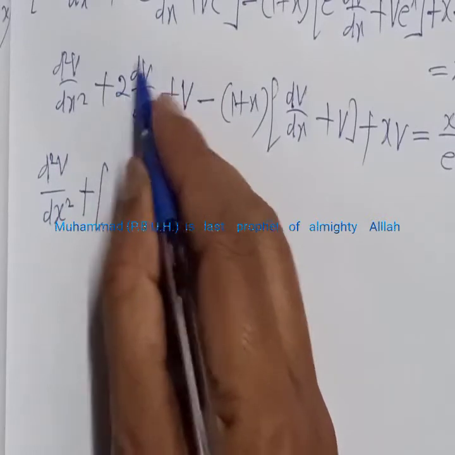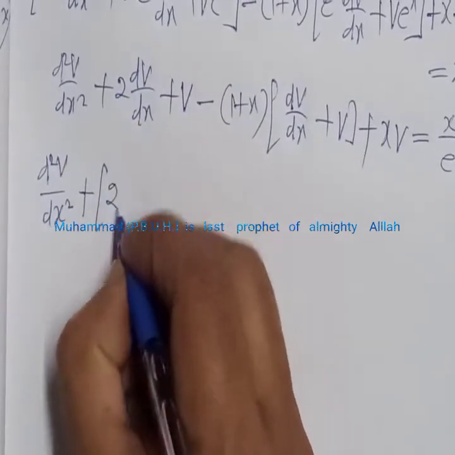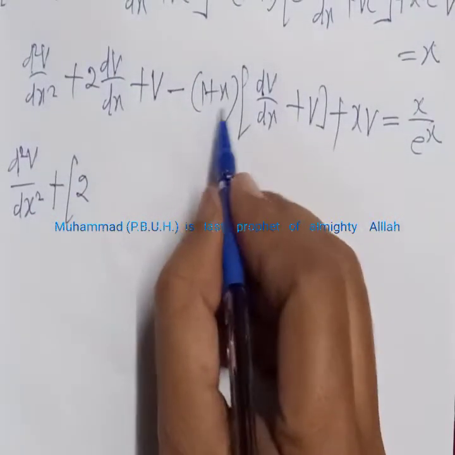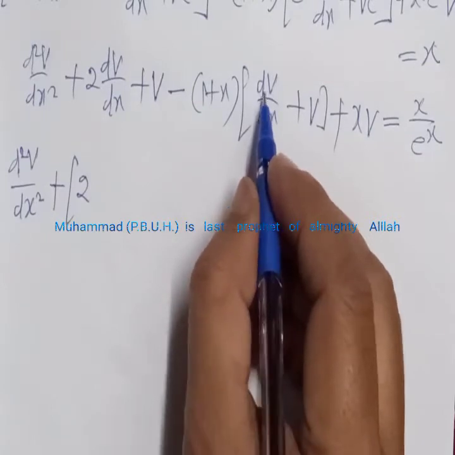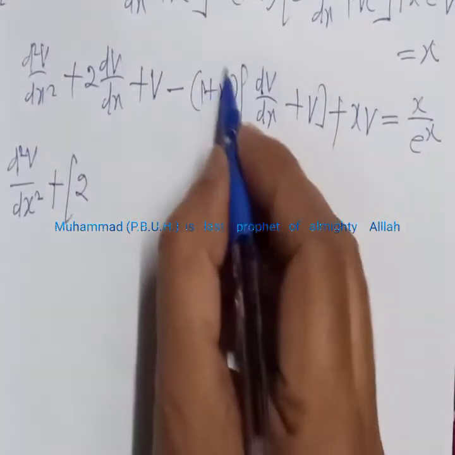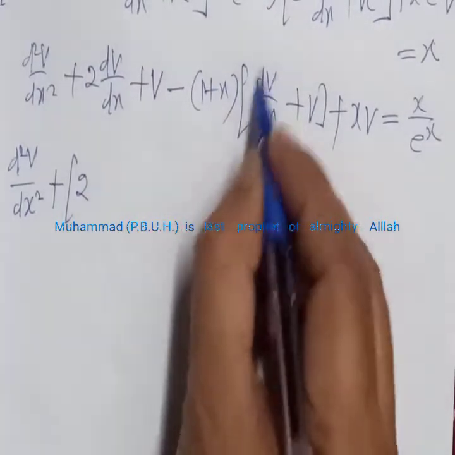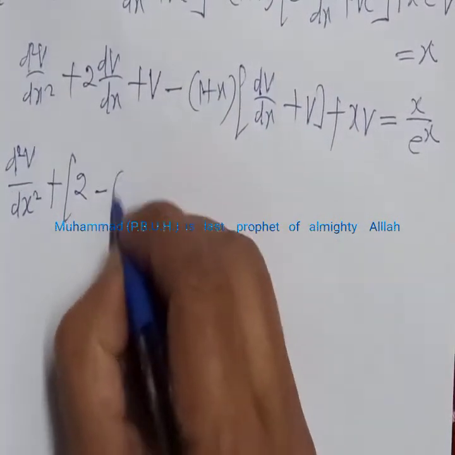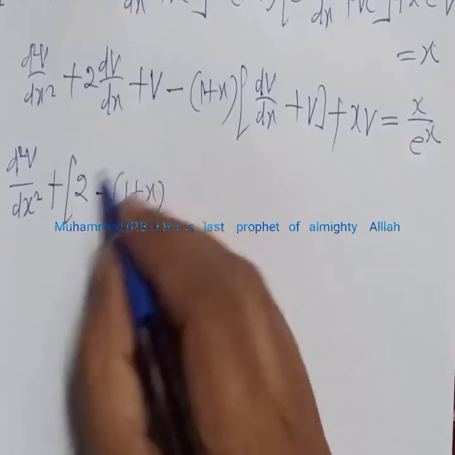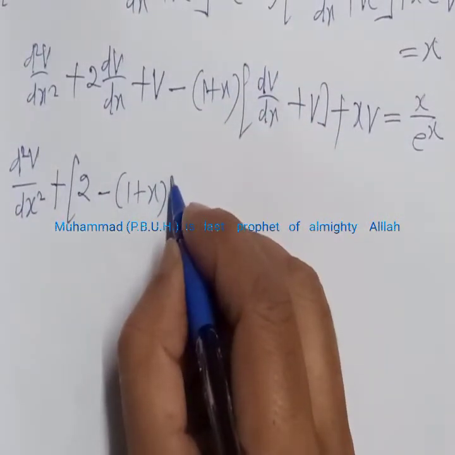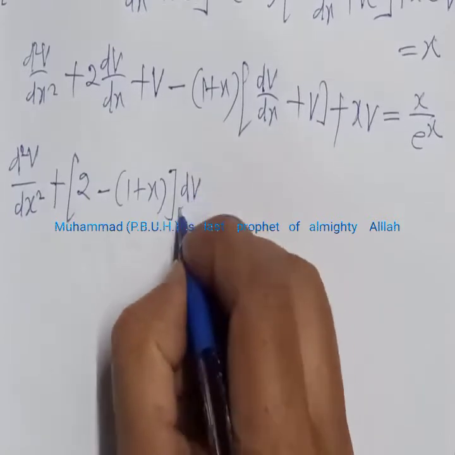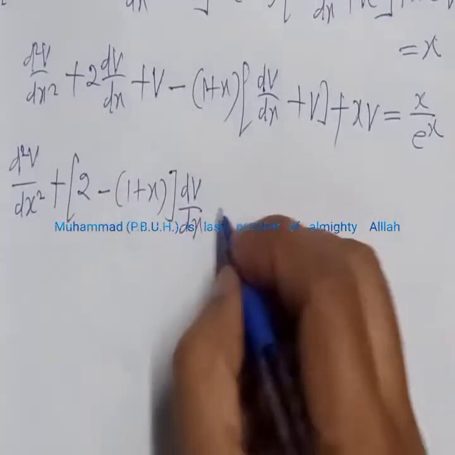Here the coefficient of d2v over dx square is 1, and we also get the coefficient of dv over dx equal to 2. When we multiply this value to this, we get minus 1 plus x, which is the coefficient of dv over dx in this term. So it is only 2 terms, so we collect them here.